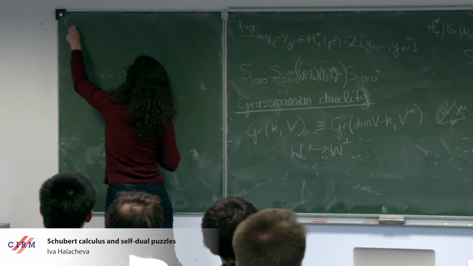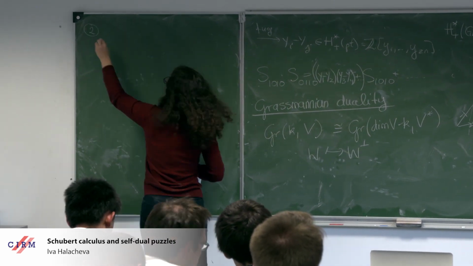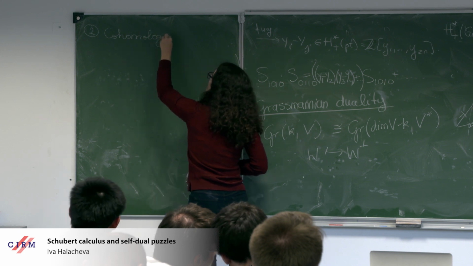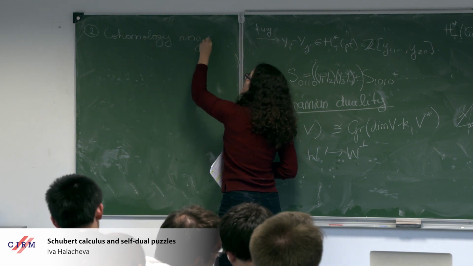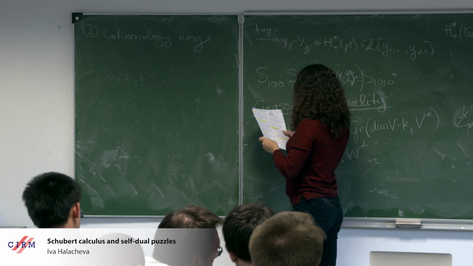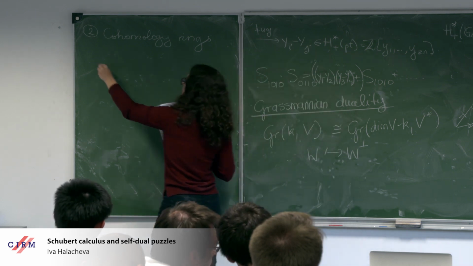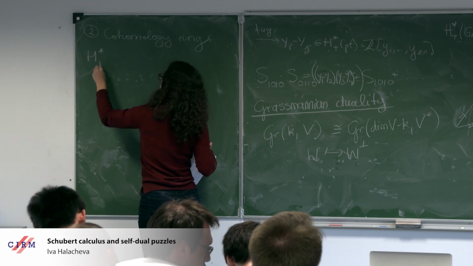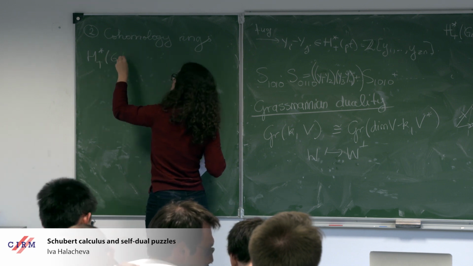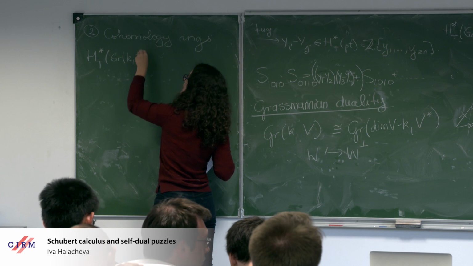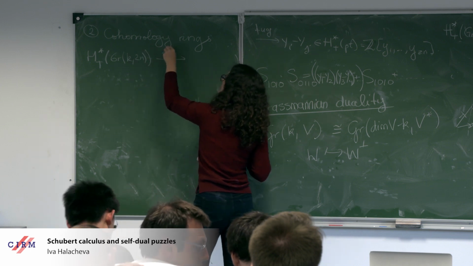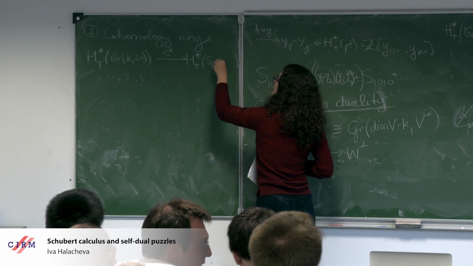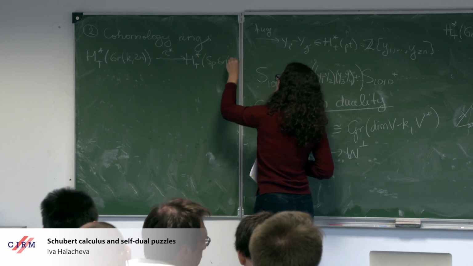Okay, so let's talk about cohomology rings. So using the inclusion diagram from before, now we have the equivariant cohomology of the Grassmannian. So this is the pullback of the inclusion map going to T equivariant cohomology of the symplectic Grassmannian.